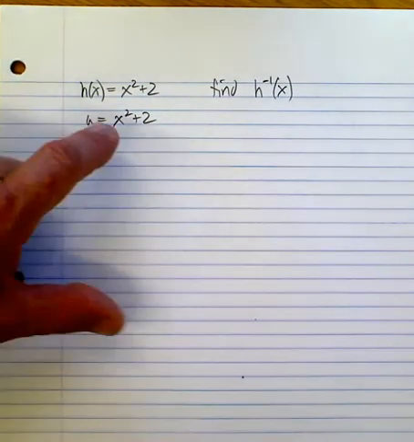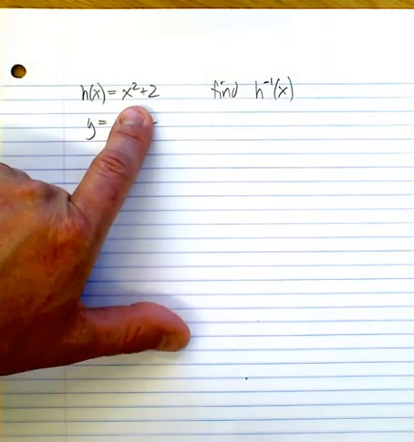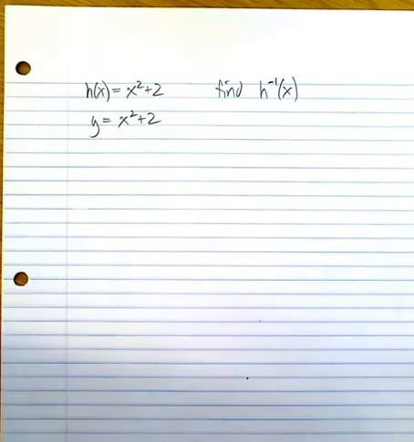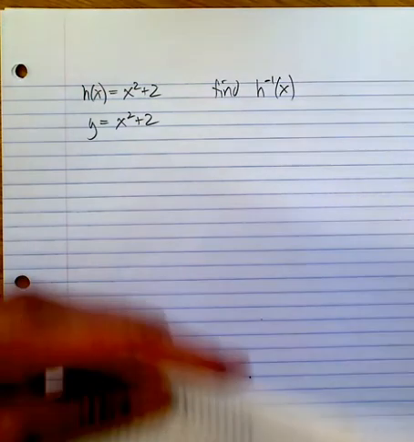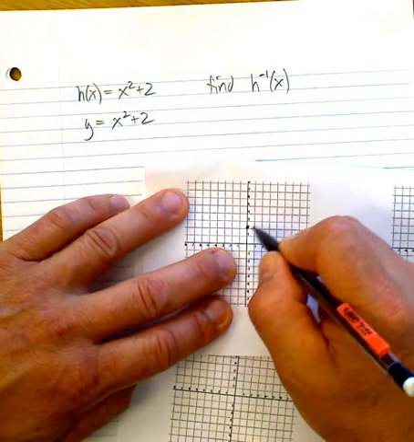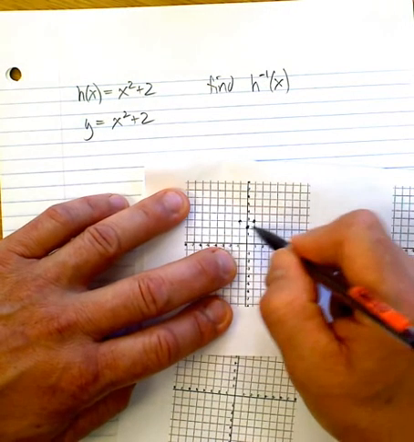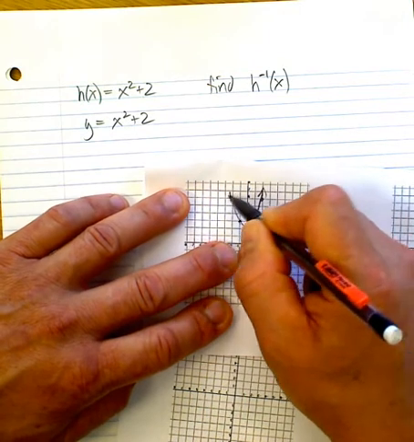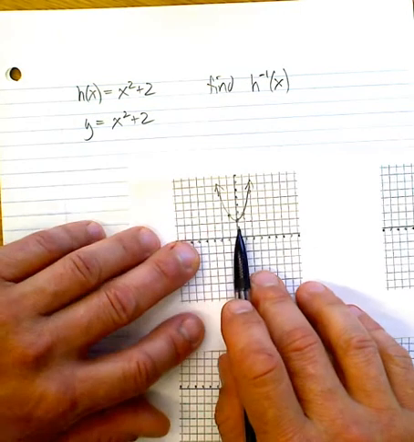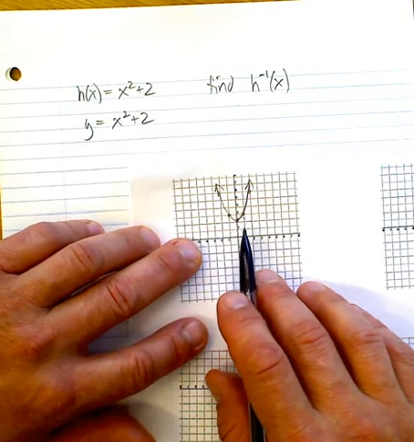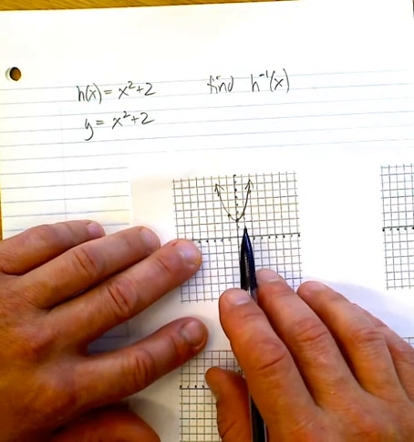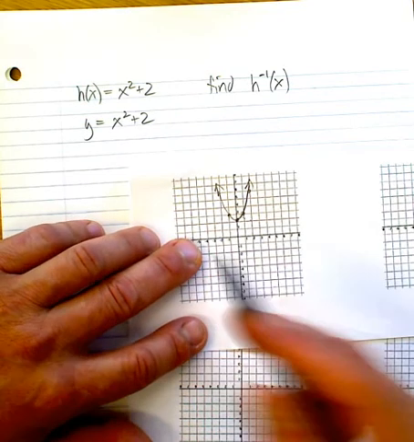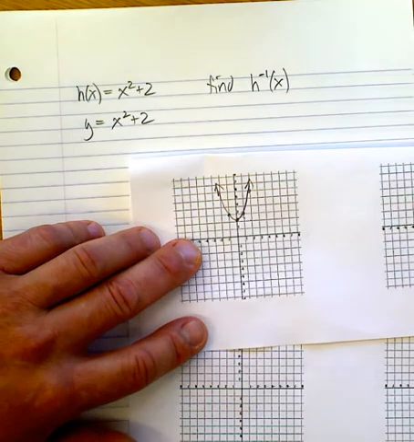Is this original function a one-to-one function? Well, it's a parabola. It has gone up 2. Over 1, up 1, over 2, up 4, back 2, up 4. Here's your parabola. You can see that this is a function, but hopefully you can identify that it's not a one-to-one function. If it's not a one-to-one function, would you expect your inverse to be a function?